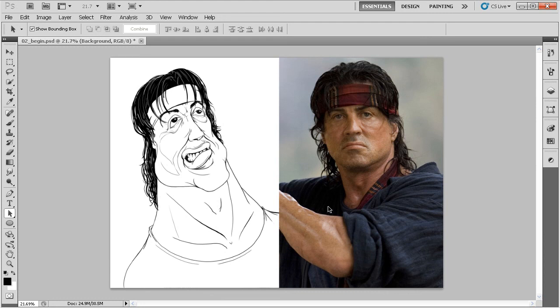Oftentimes, a political cartoon will caricaturize a politician and try to communicate a message through the way that person has been exaggerated. Now, as I said before, not every caricature will include this component, but it's very common in caricature art.